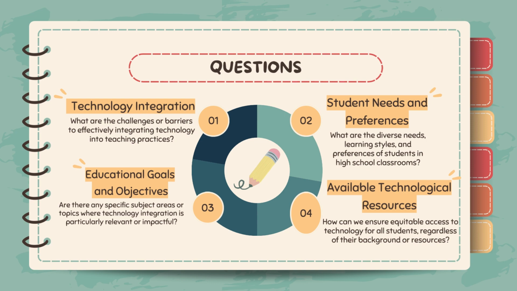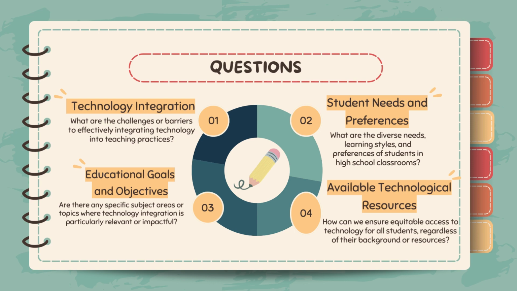The first being technology integration. So, what are the challenges or barriers to effectively integrating technology into teaching practices? The next question would be focused on student needs and preferences. So, what are the diverse needs, learning styles, and preferences of students in high school classrooms?